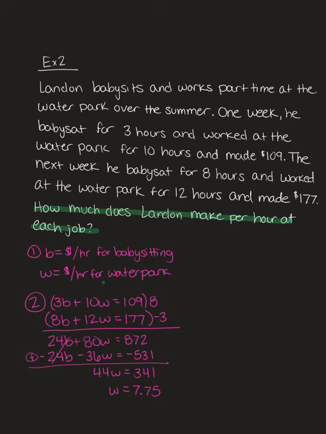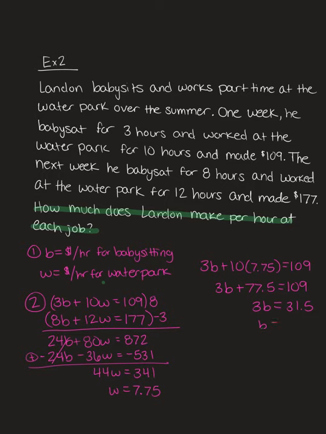Now that I have W, I need to find B. So I plug this back in to one of the original equations. I'm going to use the first one. So 3B plus 10 times 7.75 is equal to 109. Multiply 7.75 times 10, that is 77.5. Subtract 77.5 from each side. You get 31.5.